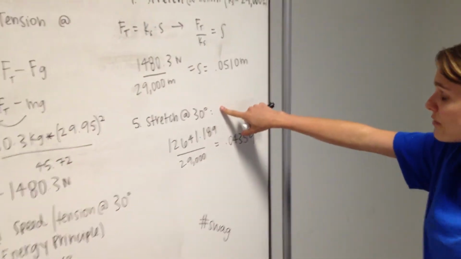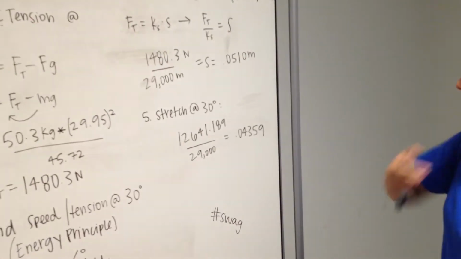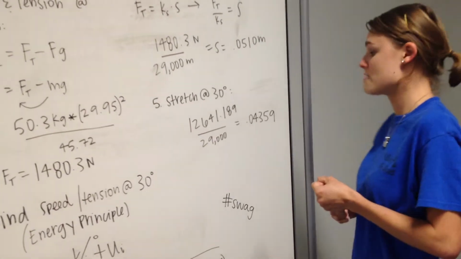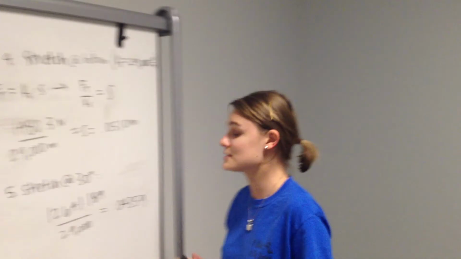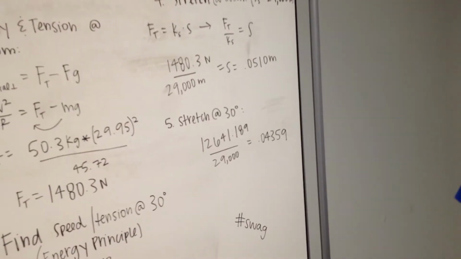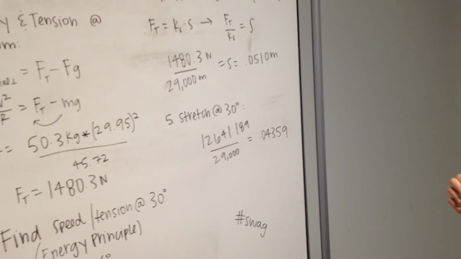And then the stretch at 30 degrees is going to be 0.04359, which, as you can see, is a little bit less, and which is good. That's what we want, because the tension force isn't as great at that point.